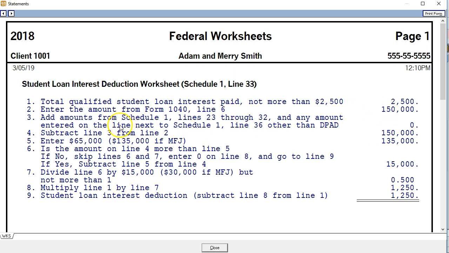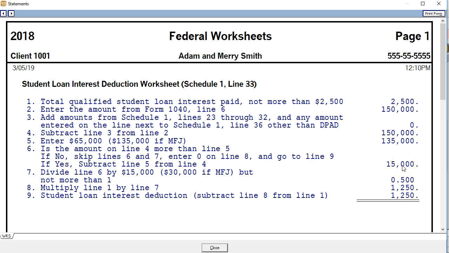Then we enter the amount on 1040, our income. Then we add the amounts from Schedule 1, which are the adjustments; we don't have any. So 150,000, and then we subtract, and so we're back at the 150, and then enter 65,000 or 135. We're at the 135, married filing joint. Is the amount on line 4 more than line 5? If no, skip. If yes, then subtract line 4 from 5. That's what we do here.